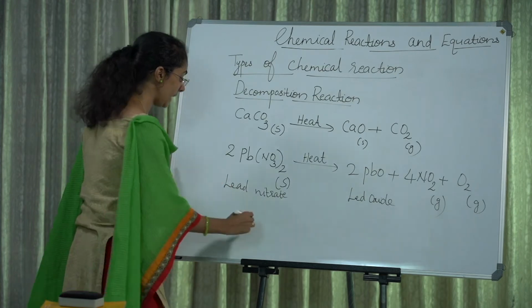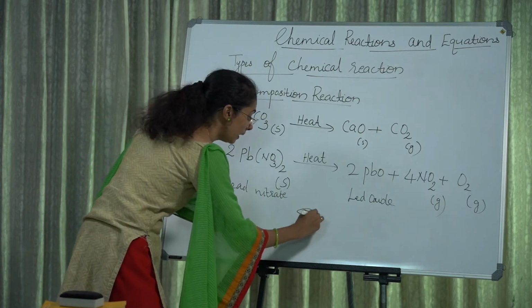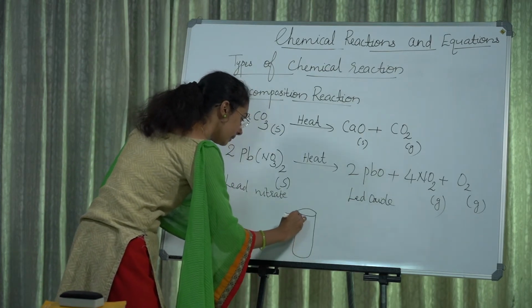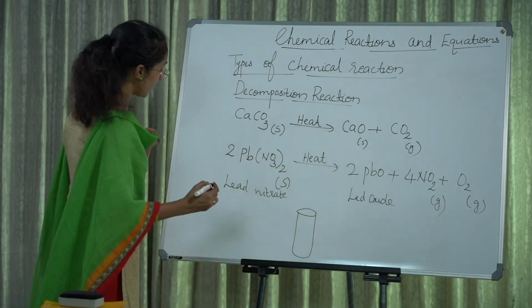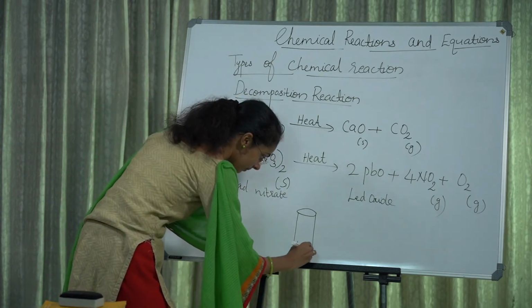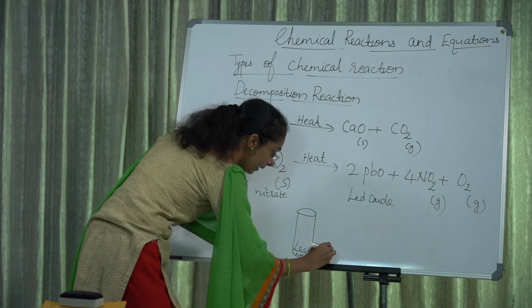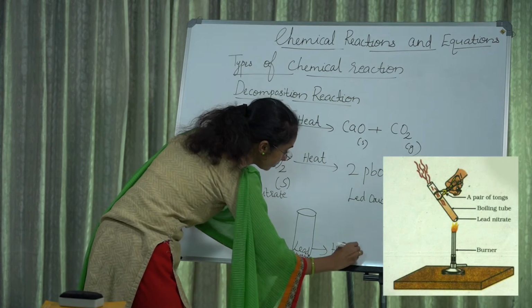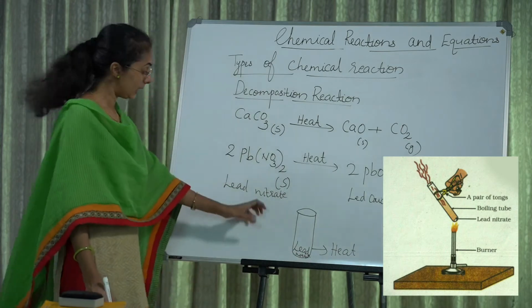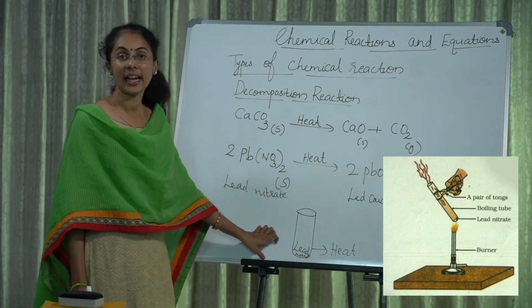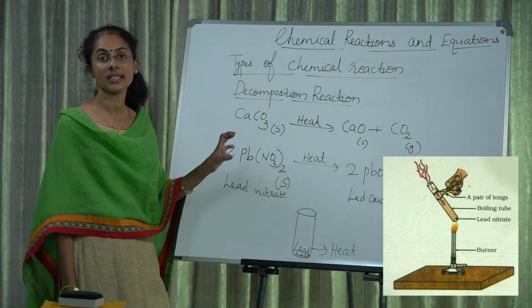Next one, this is one boiling tube, take some lead nitrate and heat it. Lead nitrate on heating, a brown gas is formed.